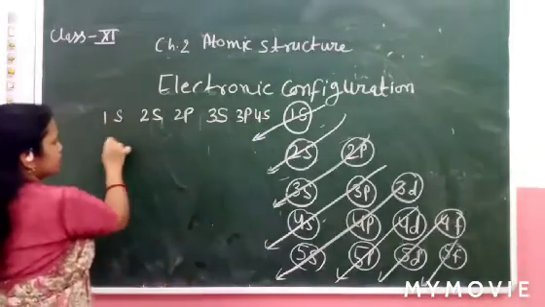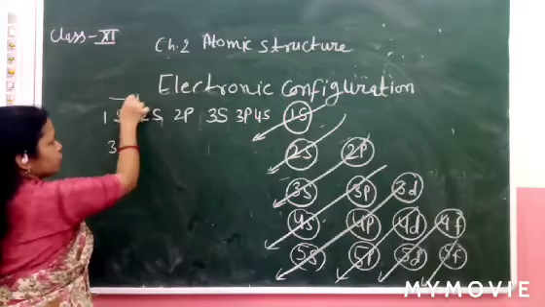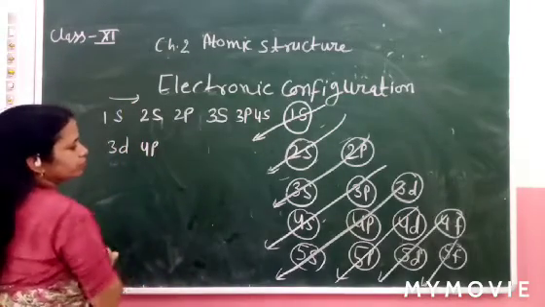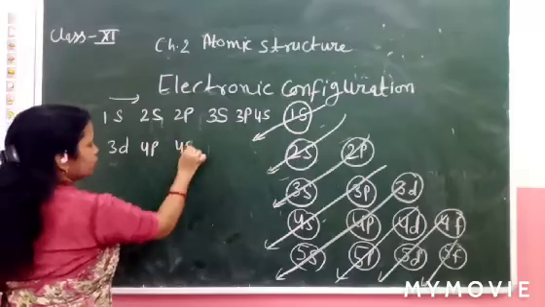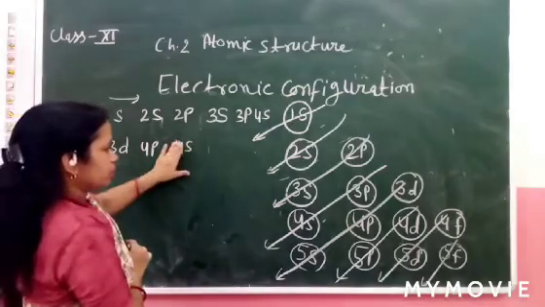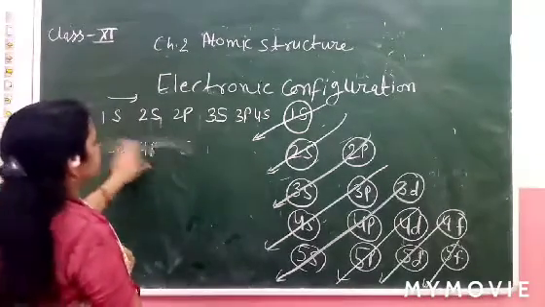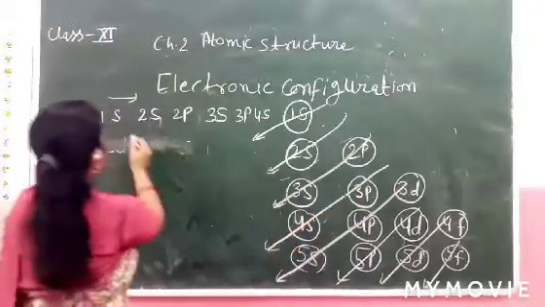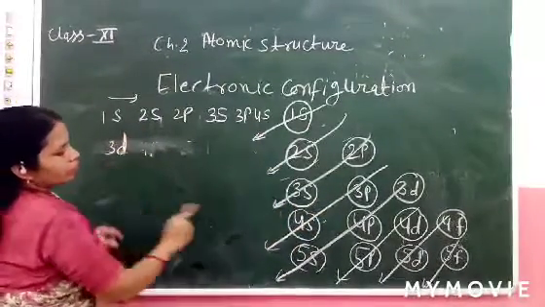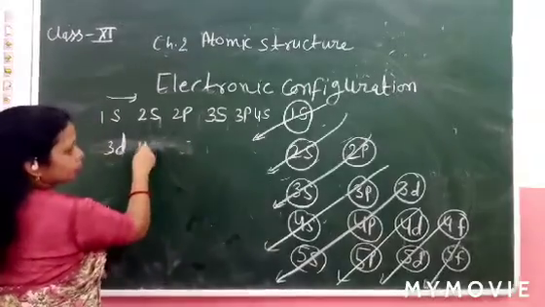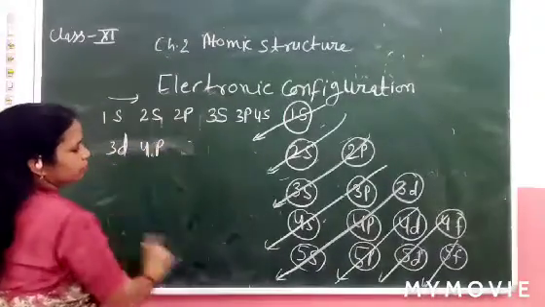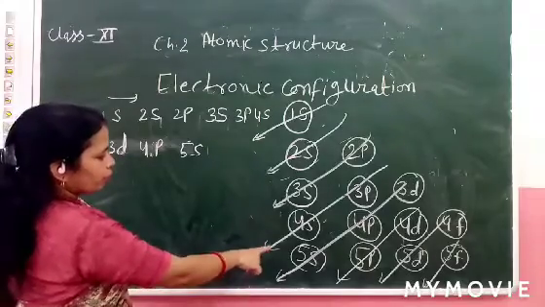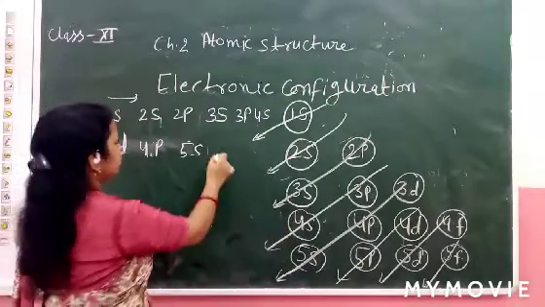After 4s, 3d. This is the increasing order. After 3d, 4p, then 5s.